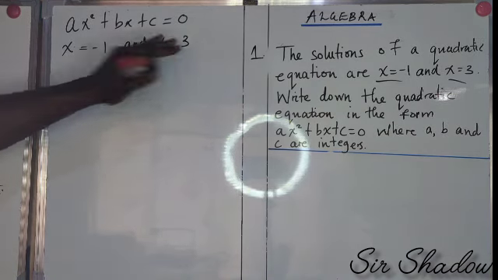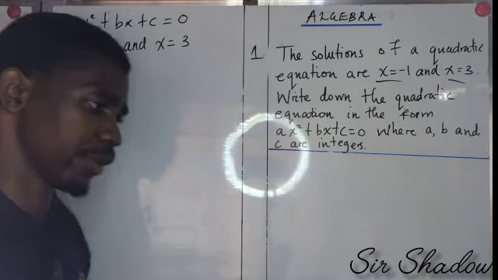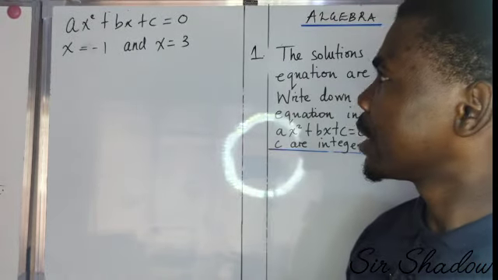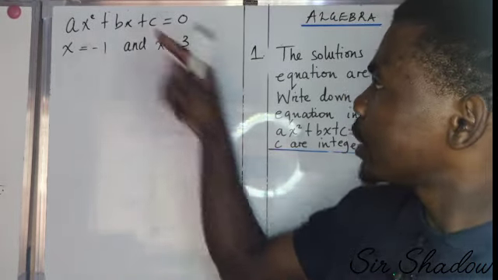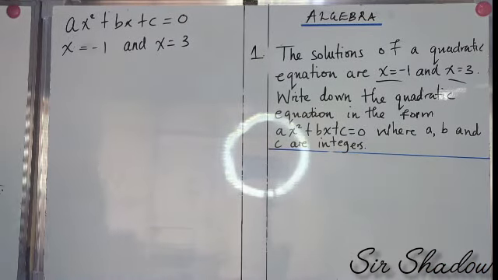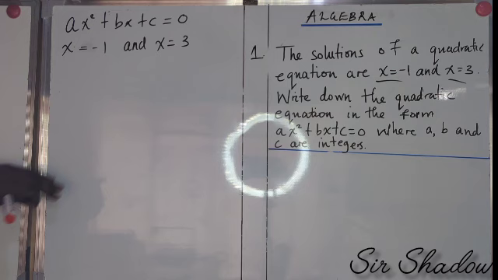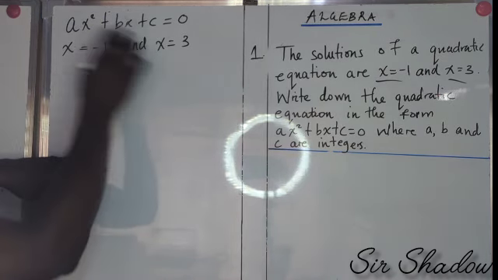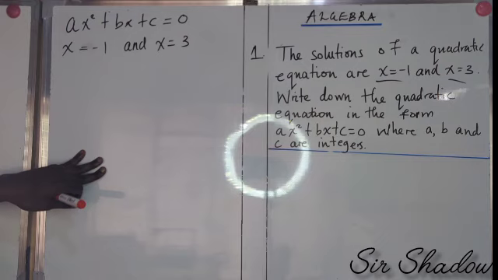Remember, these are the solutions of a hidden quadratic equation. So we want to come up with the quadratic equation which consists of those roots or solutions. Remember, x equals -1 and x equals 3.